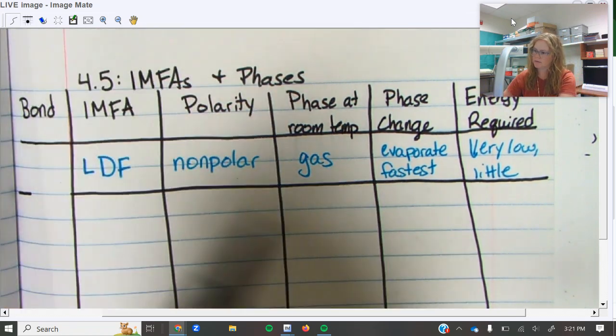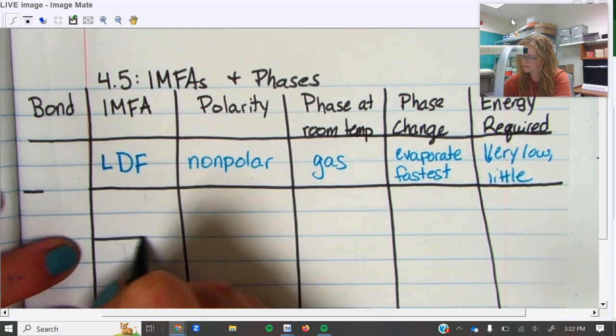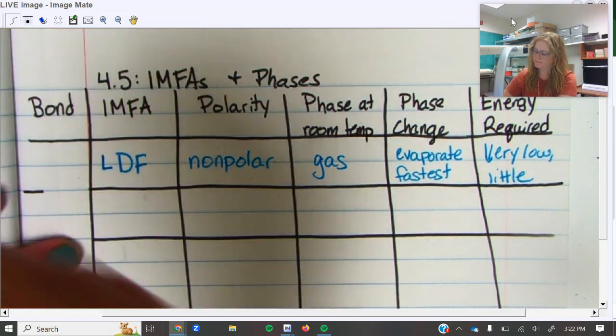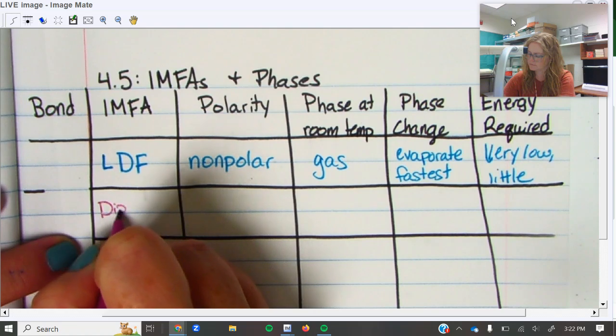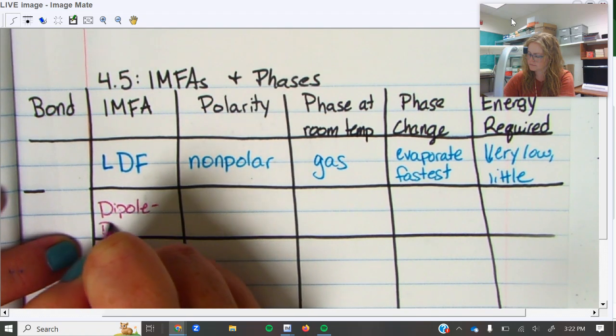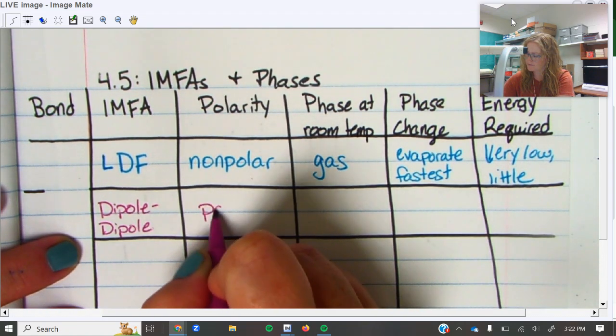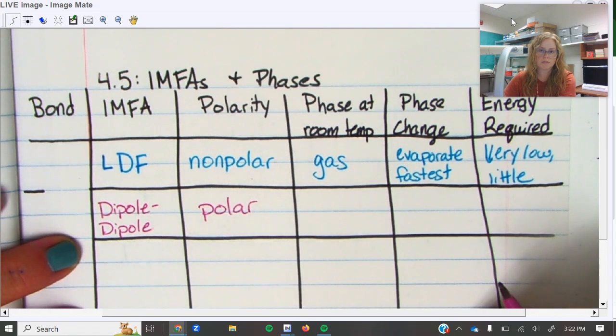Next up, we have a dipole-dipole. And this happens with polar molecules.